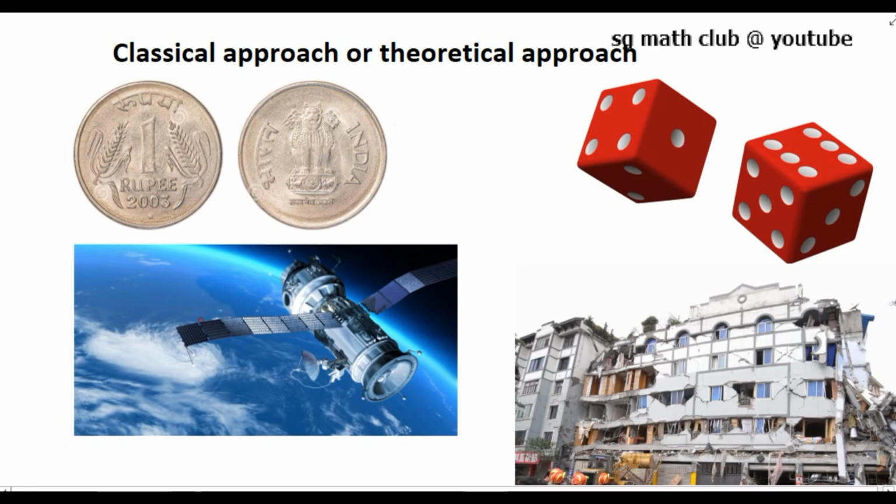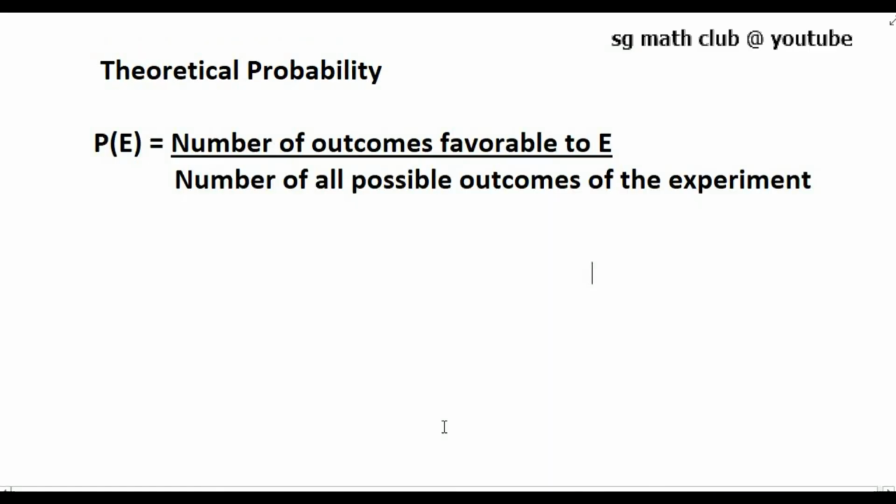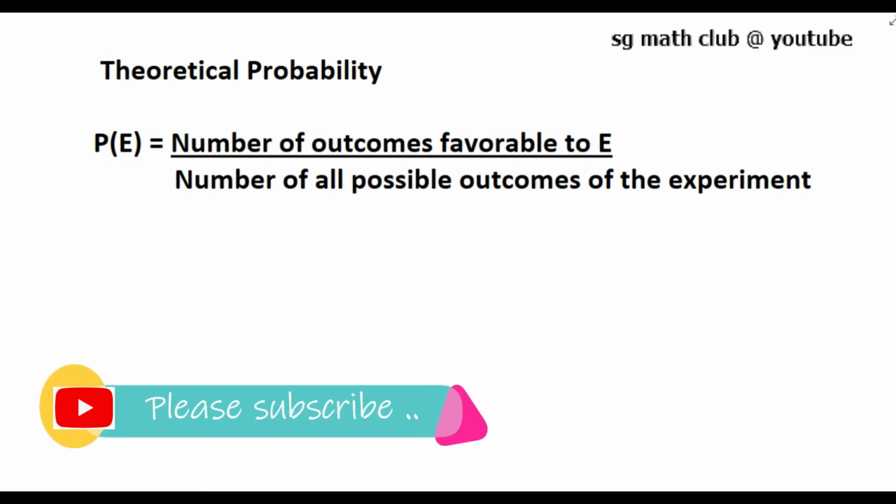Or if you want to study an earthquake, to compute the empirical probability of a multi-storied building getting destroyed in the earthquake, is it possible to do that several times? Empirical probability has its own limitations. It is very difficult to do some experiments a large number of times, and as in launching a satellite, it is expensive.